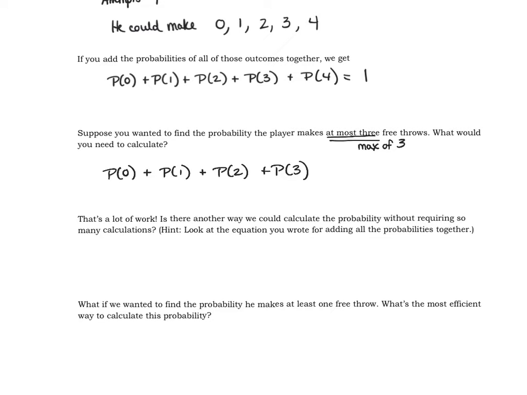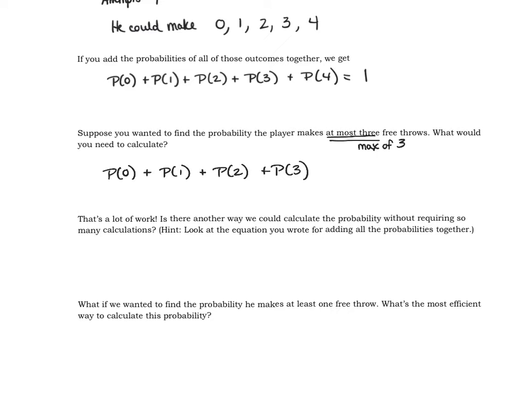Now remember how long each one of those binomial scenarios is: we would have to set up the choose, the probability of success and the probability of failure, and the exponents being the numbers of successes and failures. We'd have to set up 4 of those and add them together. Now indeed, that is a whole lot of work. So can we do that without requiring quite so many calculations?